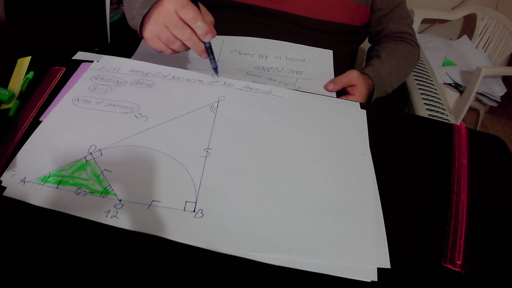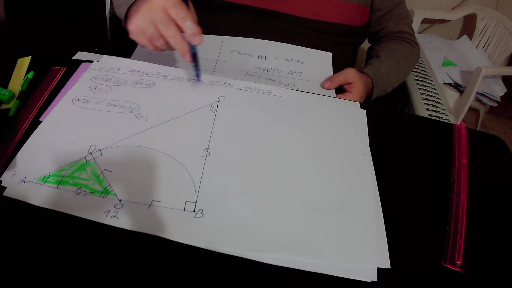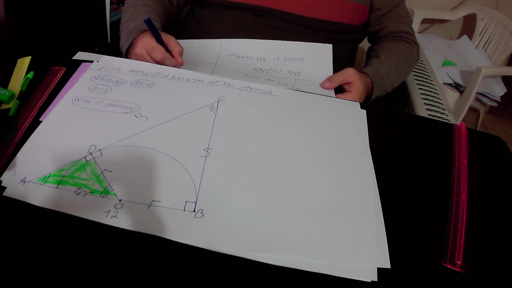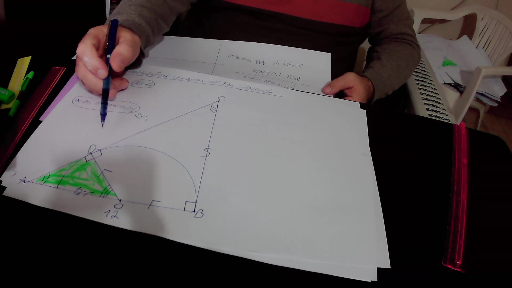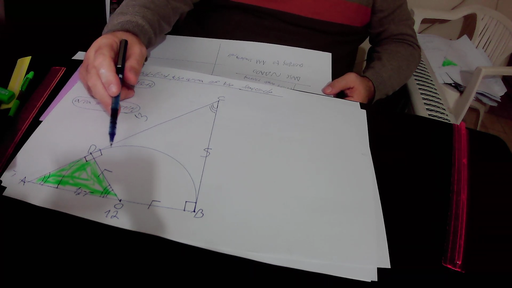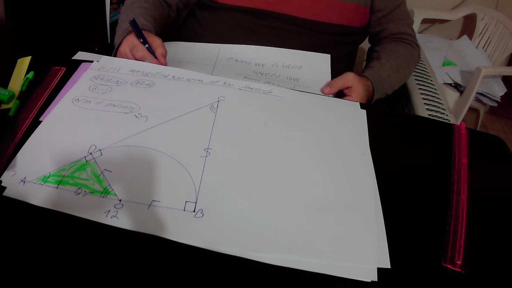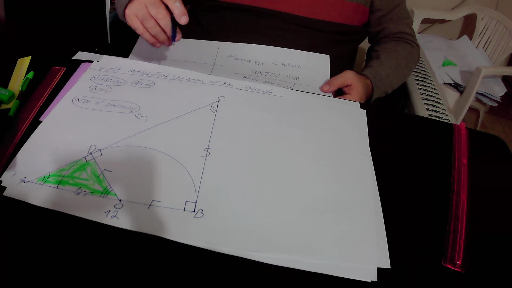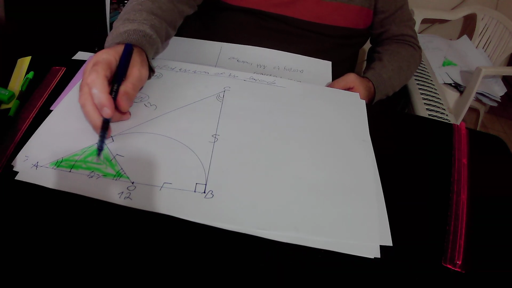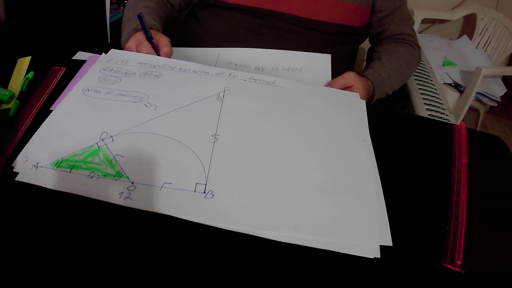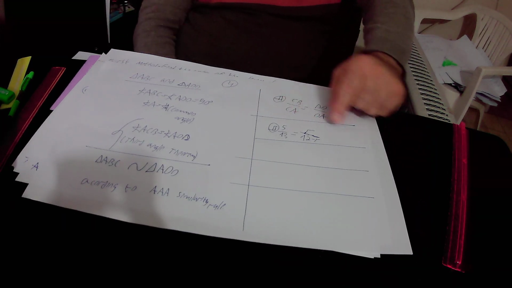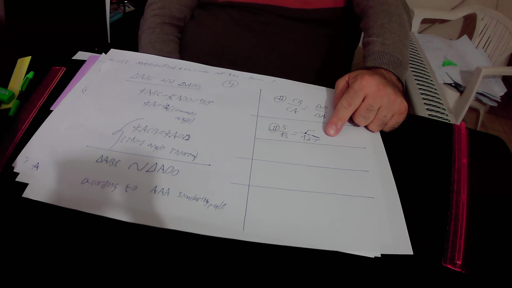We have already found that CA, the hypotenuse of triangle ABC, equals 13 units. DO is equal to R, the radius of the semicircle, over OA. We have already found that OA equals 12 minus R. So in conclusion, according to equation number 2, 5 over 13 equals R over 12 minus R.